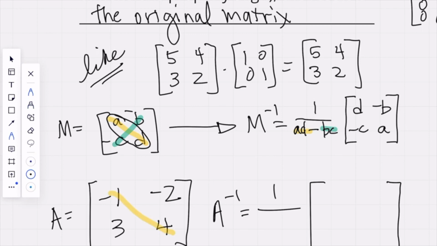So -1 times 4, -4, minus B times C, 3 times -2 is going to be -6, so minus a -6. Okay, so when I have 1 over -4 minus a -6, this is going to be a +6, and so we'll have a positive 1/2.